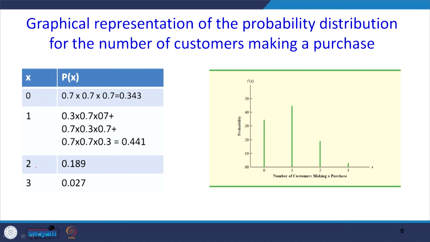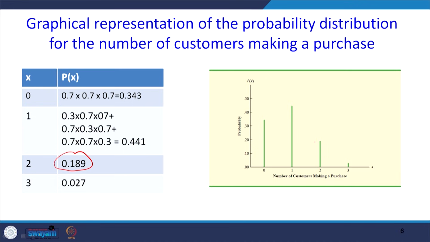If x equal to 2, what is the probability that 2 customers will buy? If x equal to 3, what is the probability that 3 customers will buy? So we can do this with the concept of probability manually like this. The question asked is: what is the probability that 2 customers will buy out of 3? So this is our probability distribution.